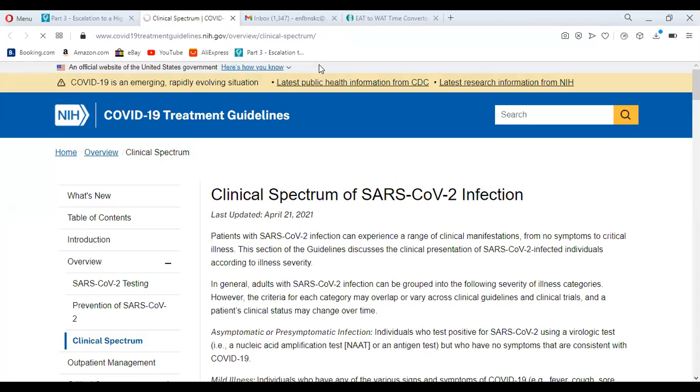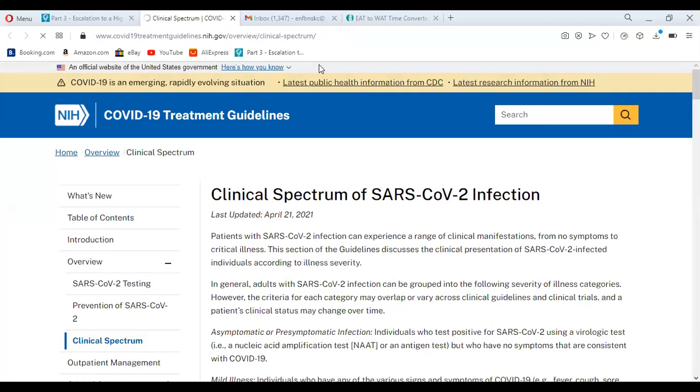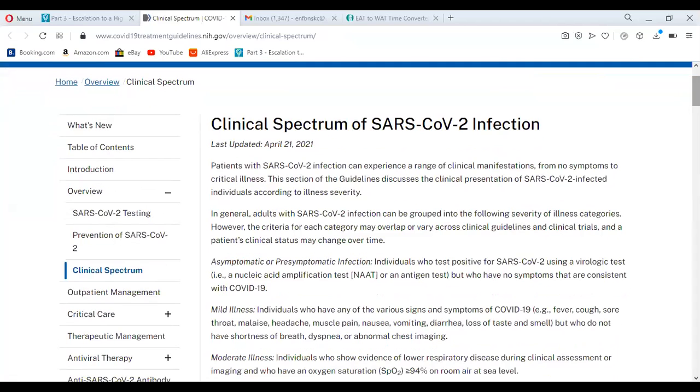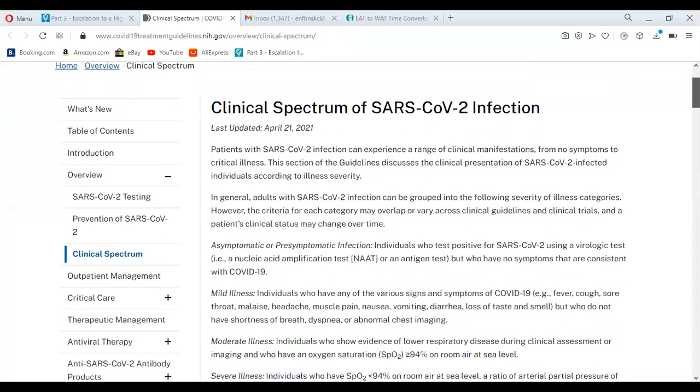You have the clinical spectrum of SARS-CoV-2 infection, that's COVID-19. And you will see that there are about 3 or 4 categories. In general, adults with SARS-CoV-2 infection can be grouped into the following severity of illness. You can have the asymptomatic or pre-symptomatic individuals who will test positive for the virus, but they don't have overt symptoms.